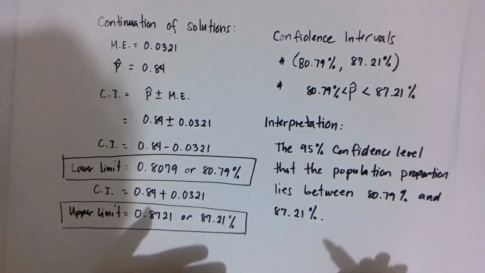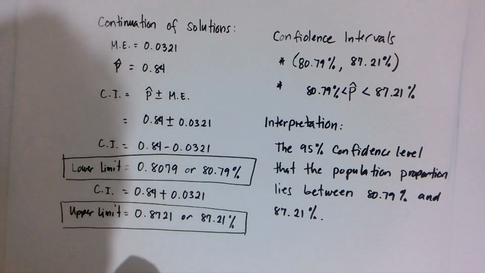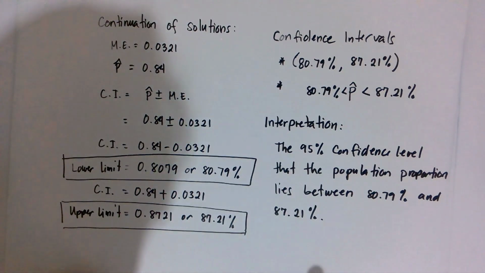And there you have it. Okay? So, ganyan lang kadali mag-estimate ng population proportion at kumuha ng confidence intervals.